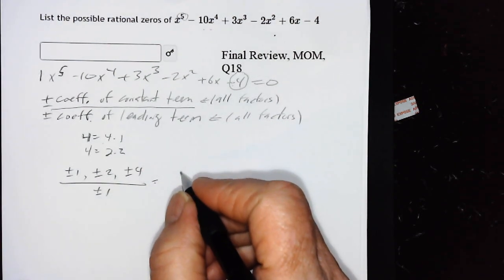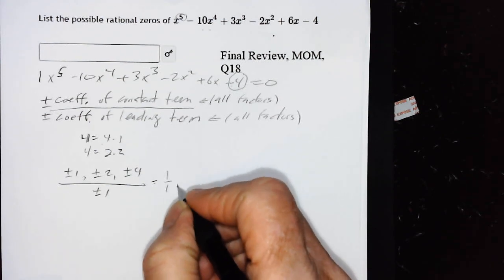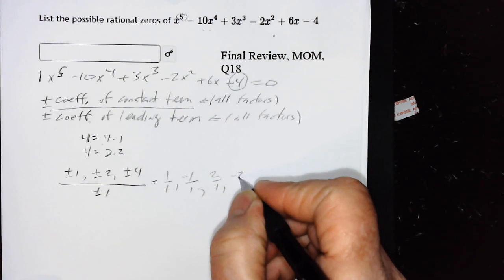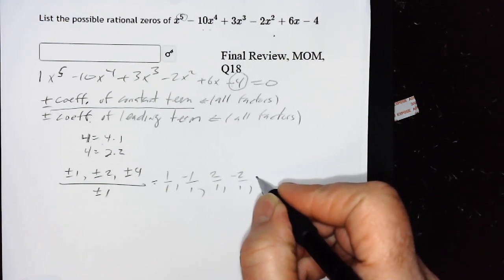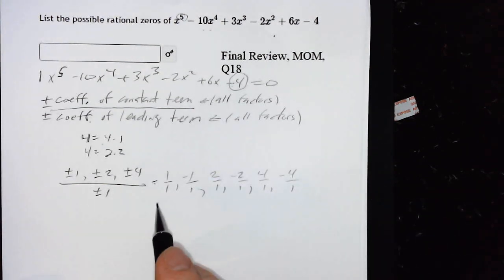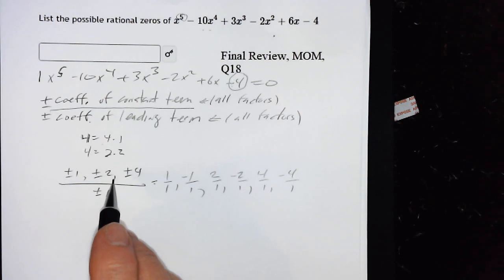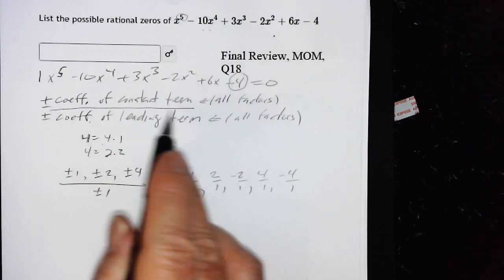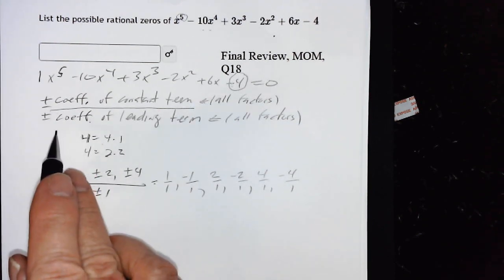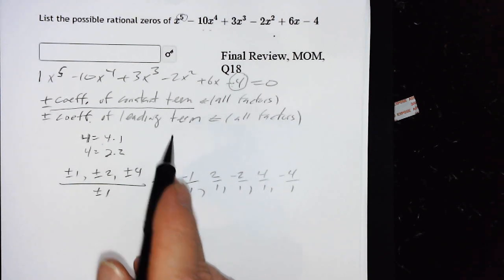The possibilities here include 1 over 1, a negative 1 over 1, 2 over 1, a negative 2 over 1, 4 over 1, a negative 4 over 1. There's 1, 2, 3, 4, 5, 6 possible ways you can combine the factors of the constant term divided by the factors of the leading term.